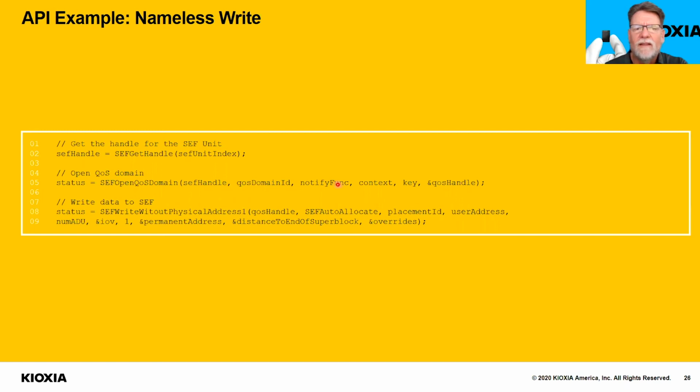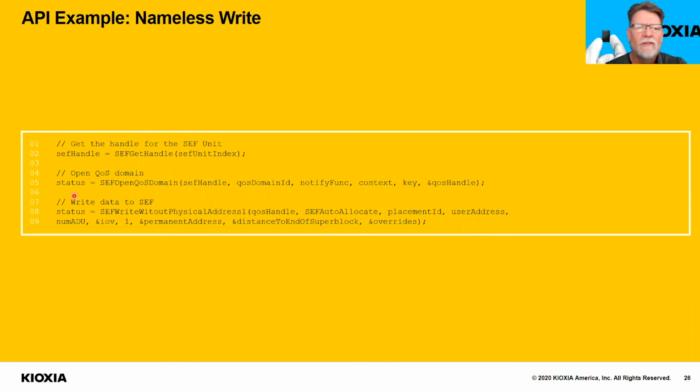We're going to pass in a notification function pointer to receive asynchronous event notifications, as well as a context, which is a piece of user-defined data that will be passed back and forth with all calls, helpful for implementing multiple contexts in your environment. A key, which is the encryption key for the QoS domain. And finally, we're going to return a handle to the QoS domain that we just opened.